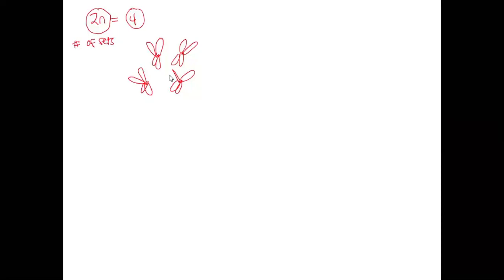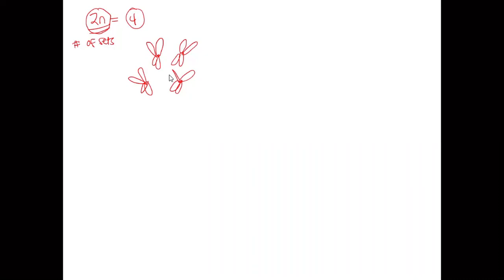Organisms with 2 sets of chromosomes are called diploid, or this state is called the diploid state. If we try to deduce the number of chromosomes per set, mathematically you can easily get that per set there are 2 chromosomes. For diploid organisms, usually these 2 sets are the maternal set and the paternal set.